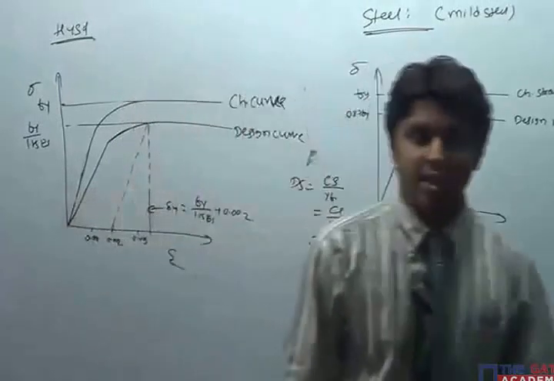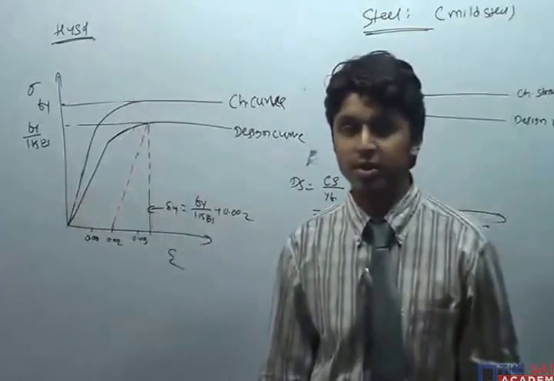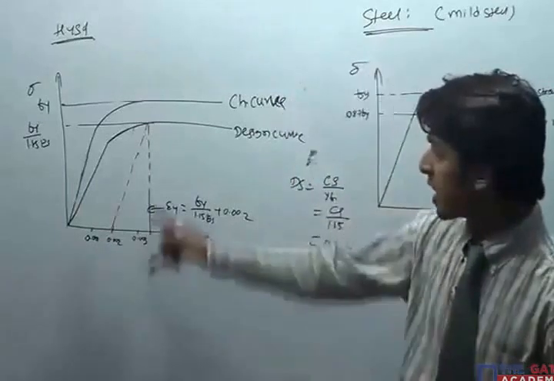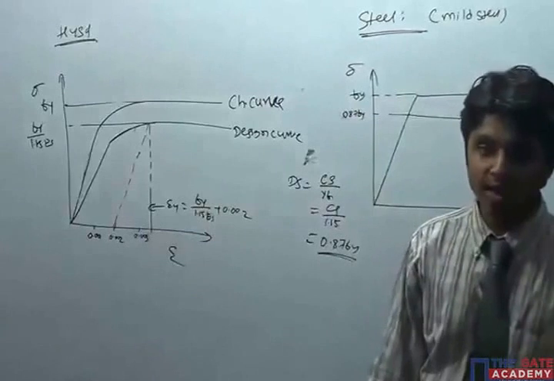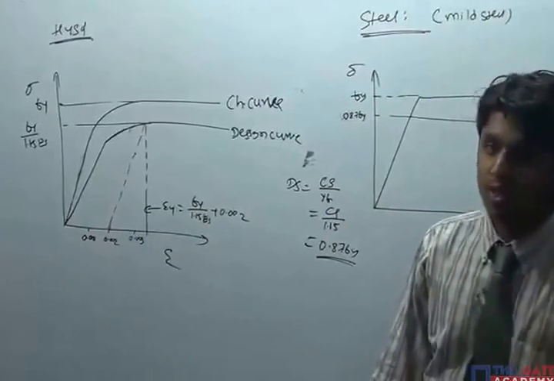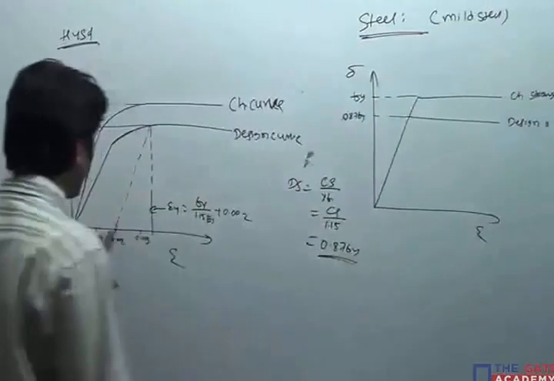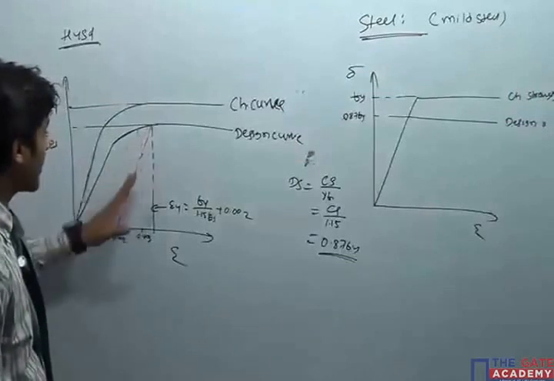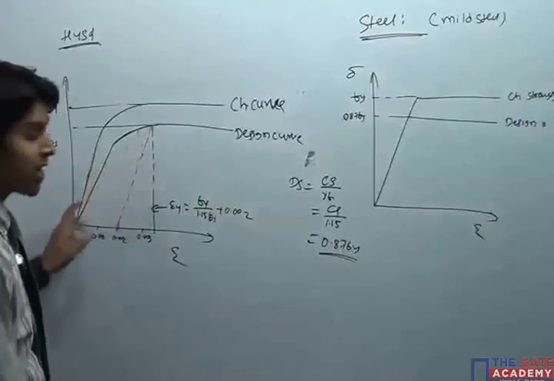See, in case of mild steel you have a well-defined yield point, whereas in case of HYSD bars you do not have a well-defined yield point. To get the yield point, you will take the proof stress, at 0.2% of the strain. You draw a line parallel to the initial linear part of the curve.